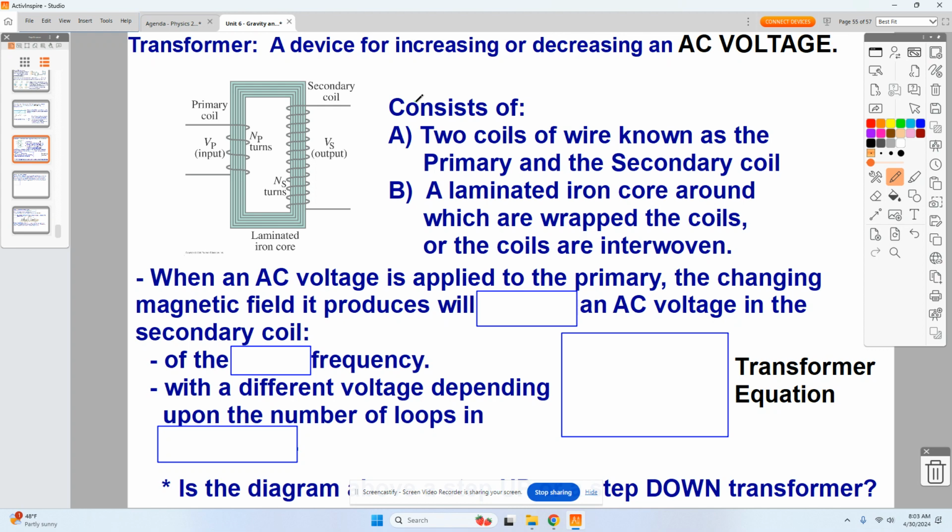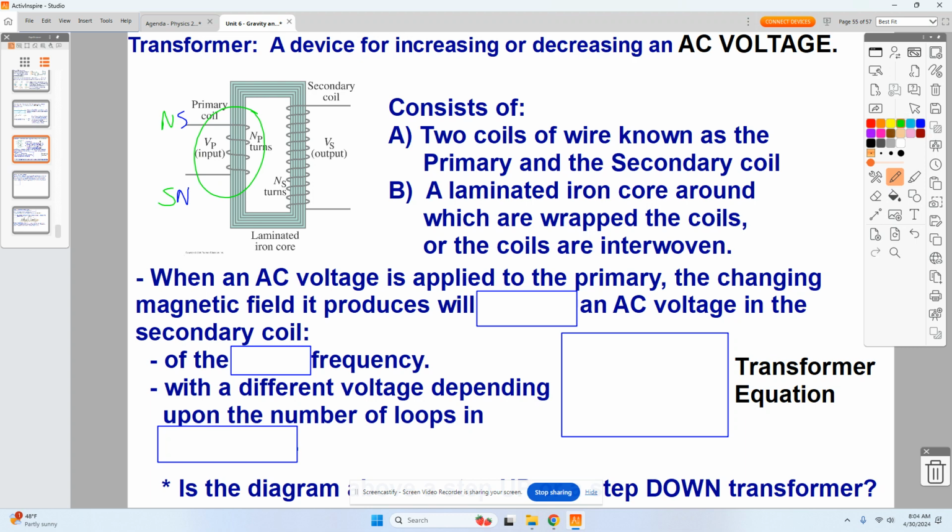When an AC voltage is applied to the primary, it produces a changing magnetic field, and I want to talk about that changing magnetic field. On this side over here, we have a coil carrying an alternating current. That means it's going to produce a magnetic field on this iron core that would be north-south for one cycle, and then it's going to switch and become south-north for the next cycle, and then switch and become north-south again.